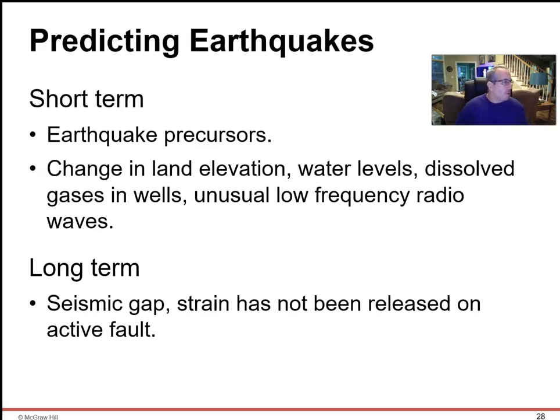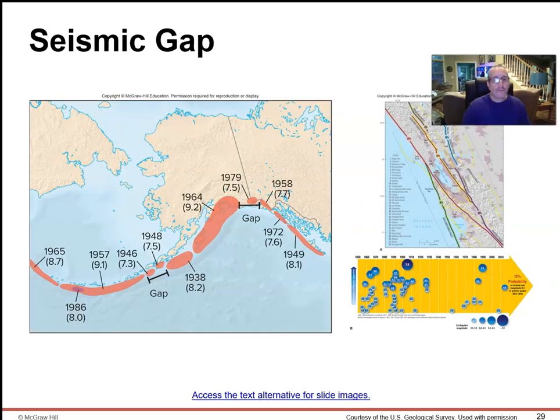Long term, the only thing we can really do is say, hey, this is a precarious situation on this fault. It has a high strain capability, and there has not been an earthquake here in a very, very long time. So it's possible that there might be one here in the coming years. A seismic gap, you'll see this term in your textbook.